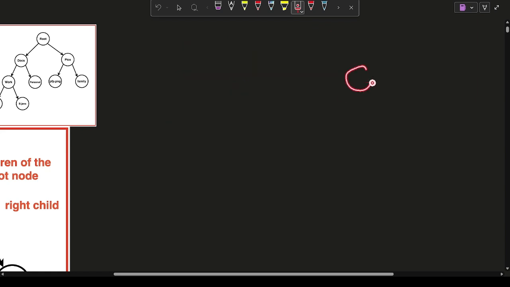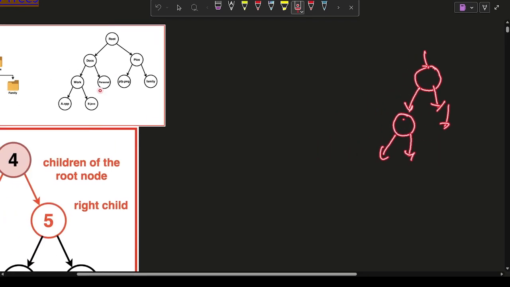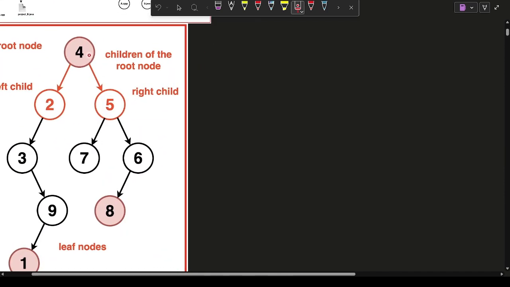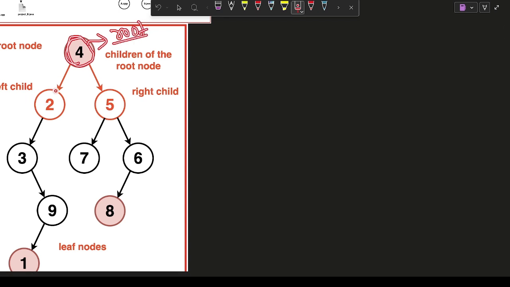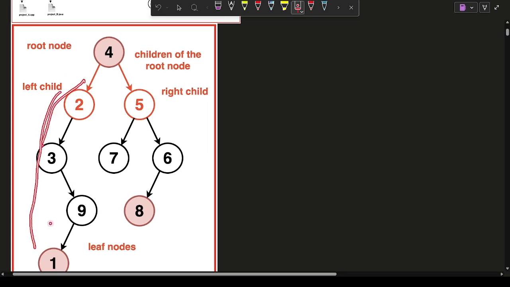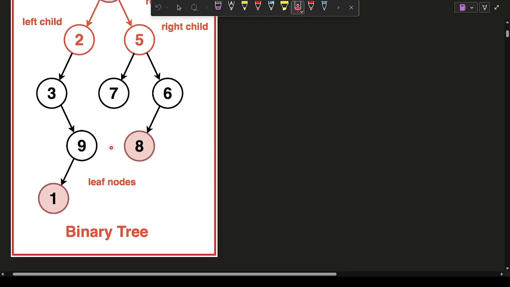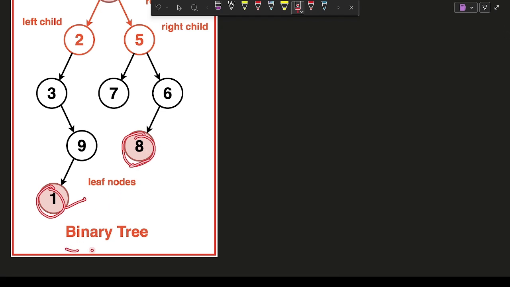But in a tree there is one node and all other nodes are connected to it like this. So here is an example. This is called the root, and all these are called children. Here this is the left child, and this is the right child. The last ones are called leaf nodes.